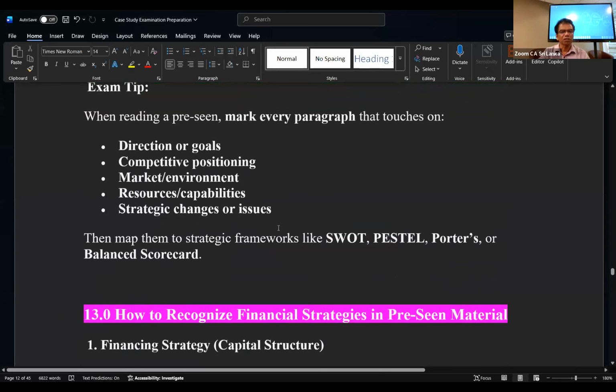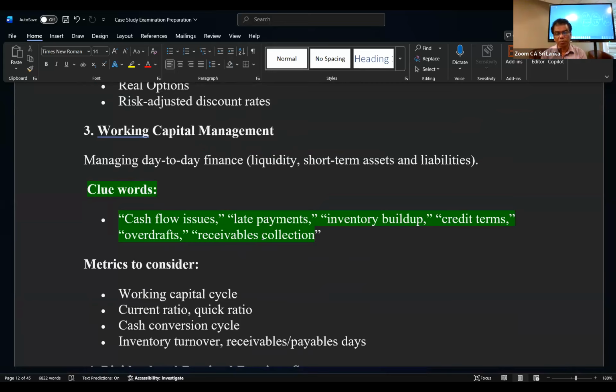Then how this financial management, especially in the bank, works. You must understand how they are doing it. You must learn it. You must see the annual reports and payments. They have already given maybe certain financial information in the pre-seen, right? So what information is available in the pre-seen now for the bank?